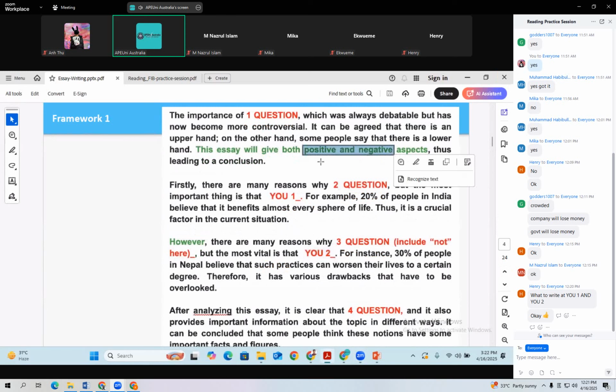As it's a problem and solution question, you have to write that this essay will give both problem and solution aspects. Just replace positive and negative with problem and solution first. Secondly, here you see however, right? Instead of however, you have to write secondly. Firstly, secondly.